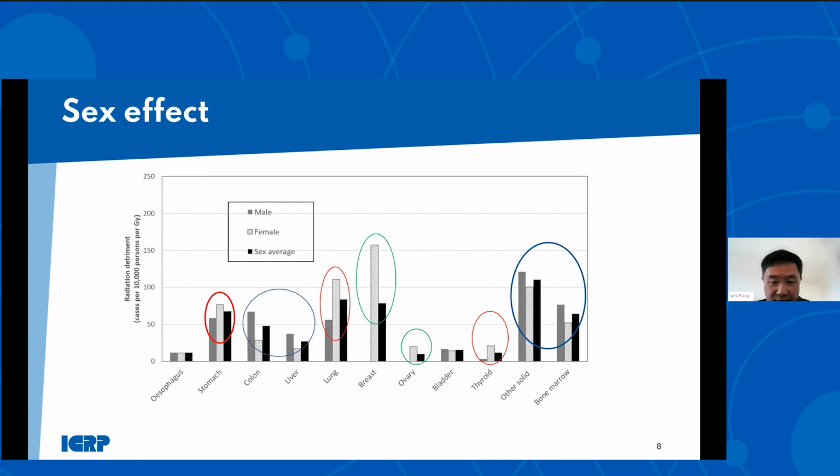For stomach cancer, lung cancer, and thyroid cancer, shown in red elliptic circles, detriment for females appears to be higher than that for males, whereas the opposite is observed for colon, liver, and other solid cancers, shown in blue circles. For breast cancer and ovarian cancer, shown in green circles, the standard detriment is reduced by a factor of 2 if averaged with a male detriment, compared to that calculated for females only.